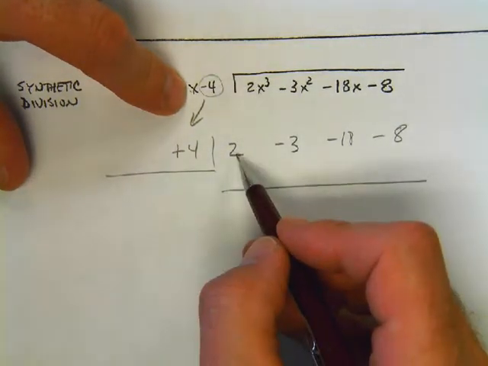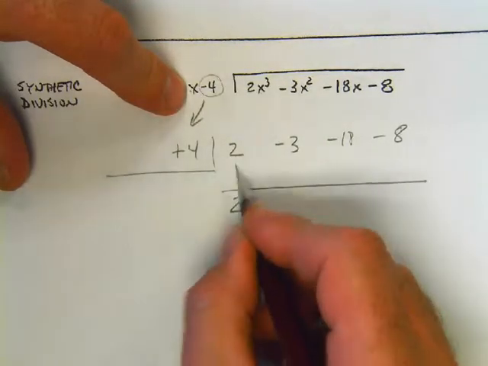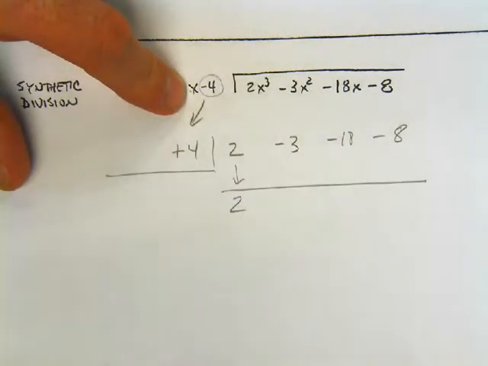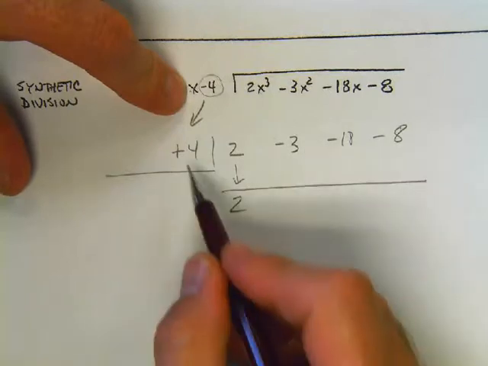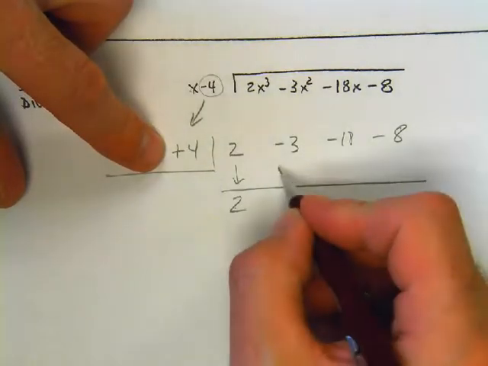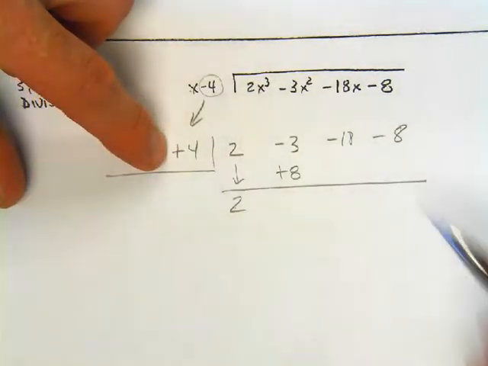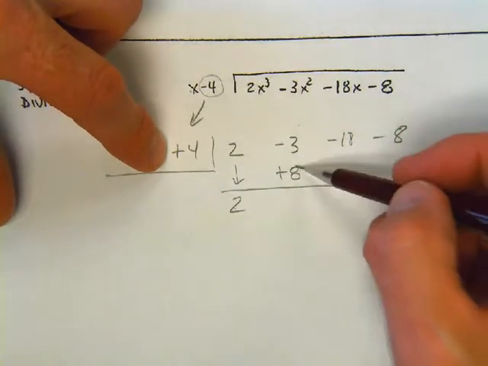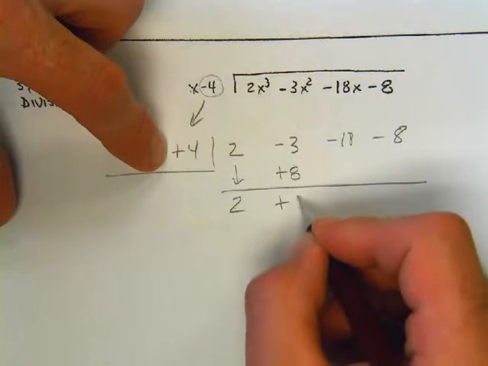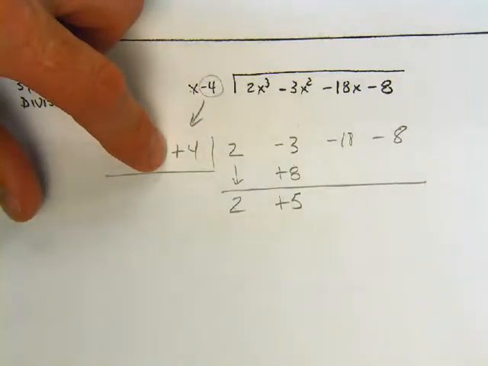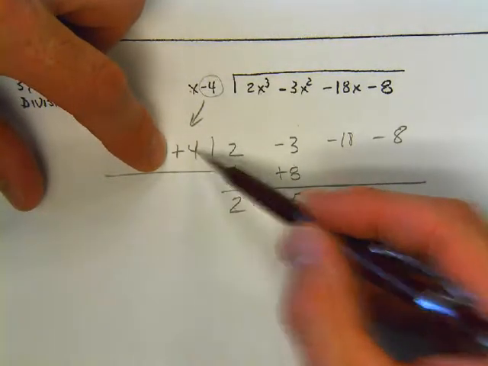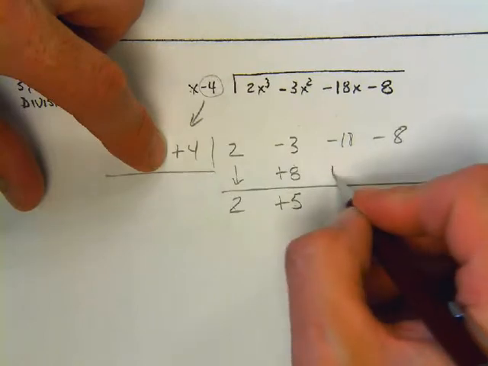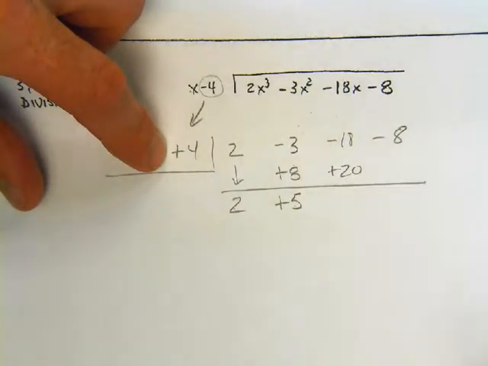Here we go. Step 1, drop the 2. 4 times 2 is positive 8. Combine these numbers using the signs. Negative 3 plus 8 is positive 5. Then multiply. 4 times 5 is positive 20.